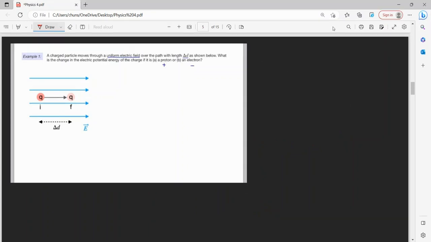So if we use that expression for this example here, our expression for work was equal to the integral from our initial to final positions of force dot product ds, which is equal to the integral of F ds times cos theta.